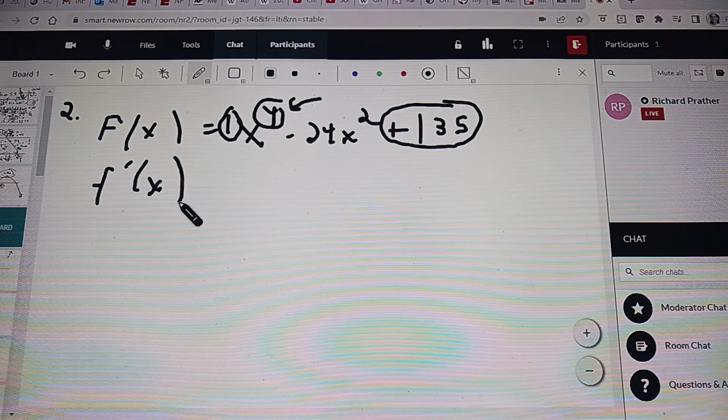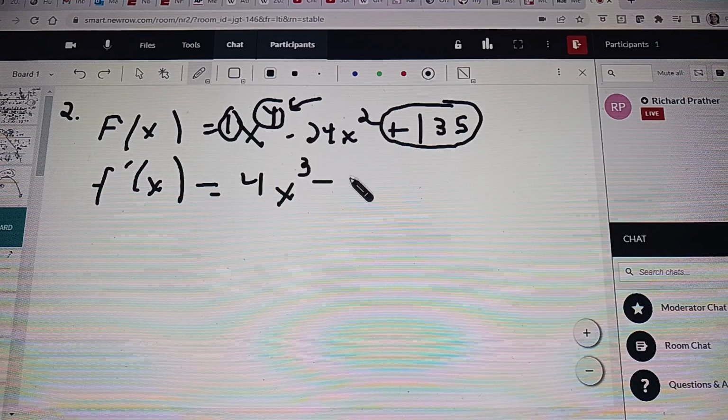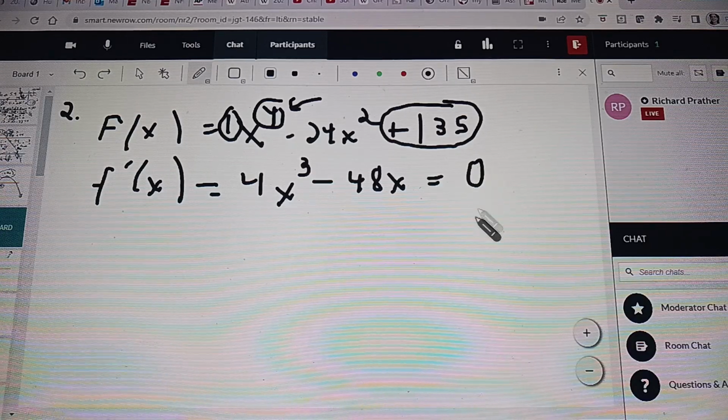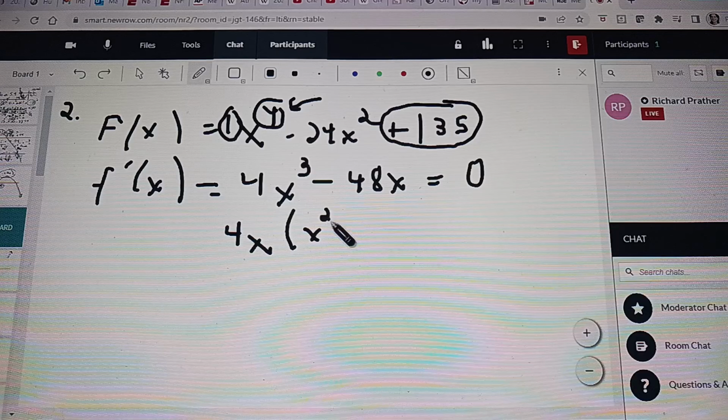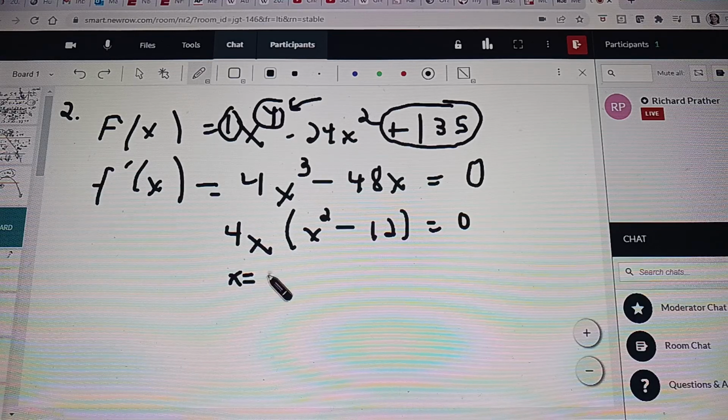So take the derivative, 4x to the 3rd minus 48x. There could be 3 critical numbers here because this is never undefined. It's a polynomial. I can factor out a 4x, leaving x squared minus 12. So x equals 0 is one critical number.